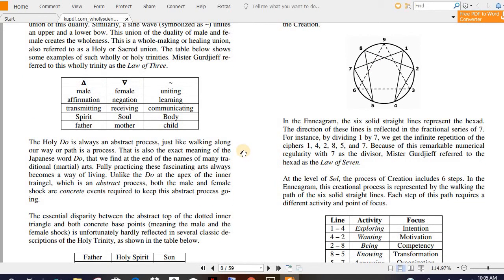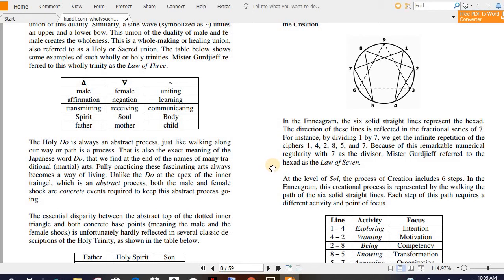In the enneagram, the 6 solid straight lines represent the hexad. Oh, okay. The 6 solid lines. The direction of these lines is reflected in the fractional series of 7. For instance, by dividing 1 by 7, you get the infinite repetition of the ciphers 1, 4, 2, 8, 5, and 7.